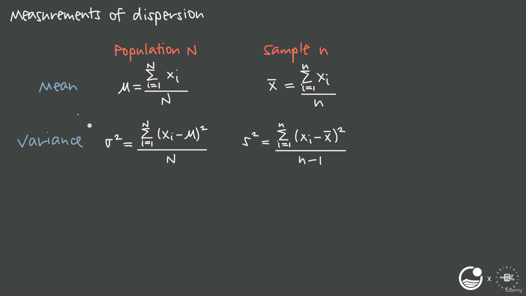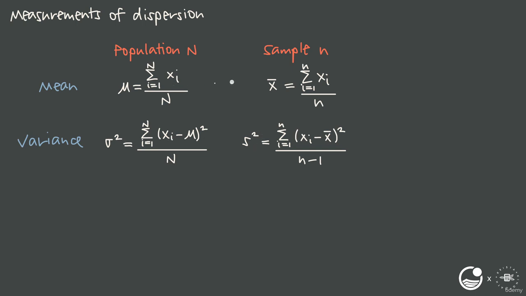Now, when it comes to calculating variance, if we're talking about population variance, we indicate that with this Greek letter sigma, and we call that value sigma squared. In the same way, when we talk about sample variance, we call that value s squared. So we use sigma squared for population variance, s squared for sample variance.